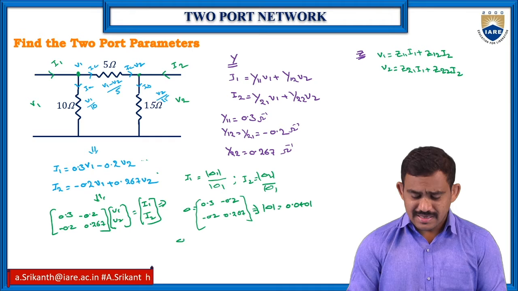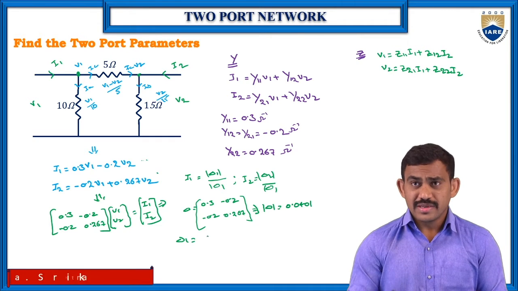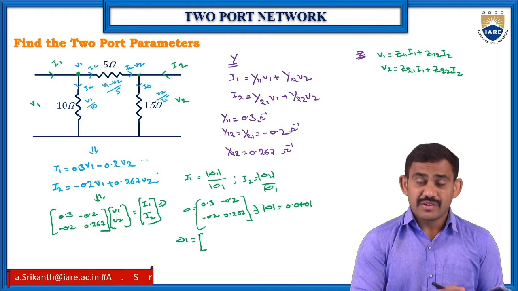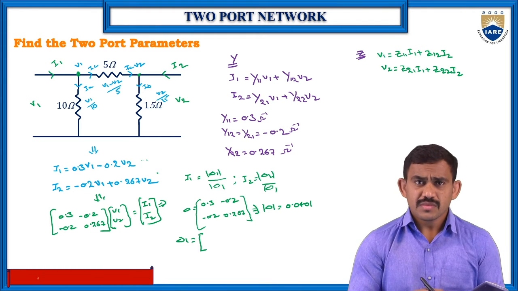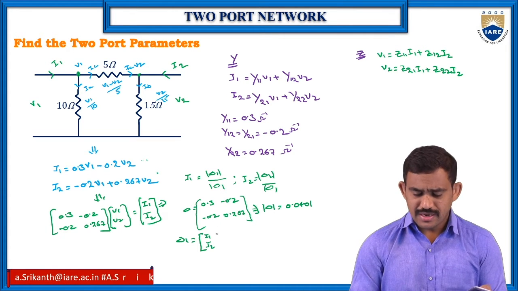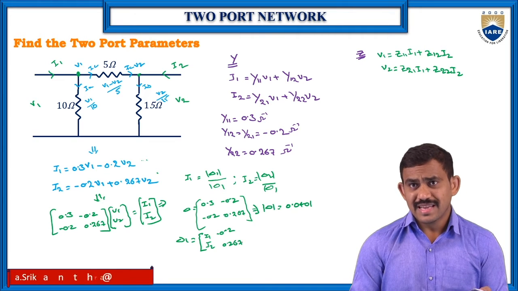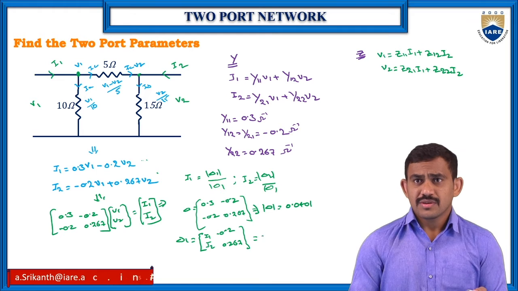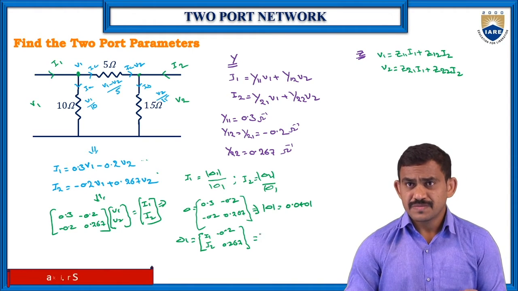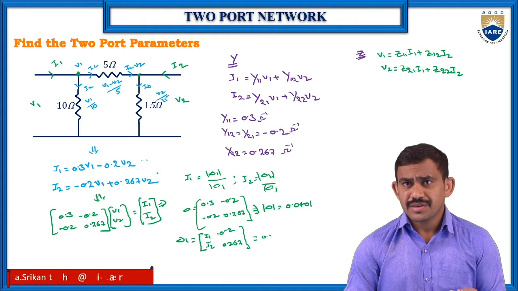Same thing, we need to find the del 1 value. For del 1, we need to remove the V1 column. The first column you need to remove and substitute the right-hand side values, that is I1 and I2. My remaining entries are minus 0.2 and 0.267 as this. Now the values: I1 into 0.267, so 0.267 I1.